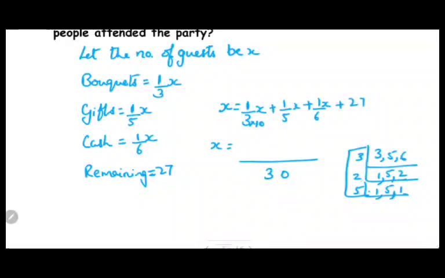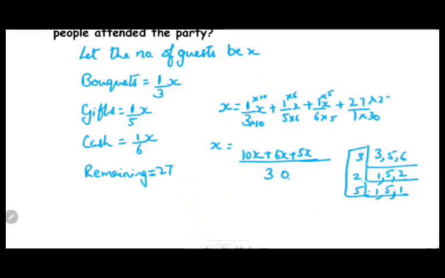Alright, so this also has to be multiplied by 10. So 1 into 10, 10x plus 5 into 6. So this also with 6 makes it 6x plus 6 into 5. So this also by 5. How much is this? 5x plus 30. This is 1, so 1 into 30.